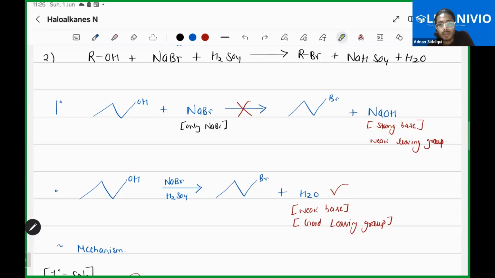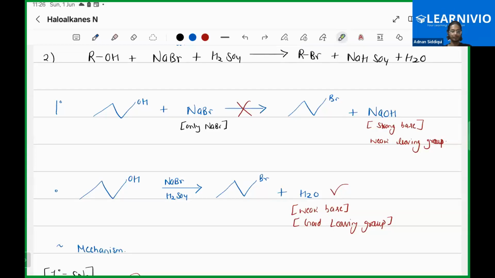What is a leaving group? A leaving group should be a good leaving group. And what is a good leaving group? A weak base is a good leaving group, right?